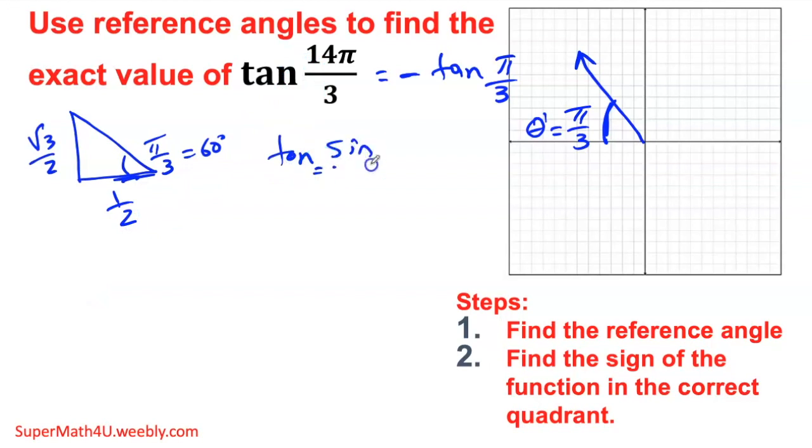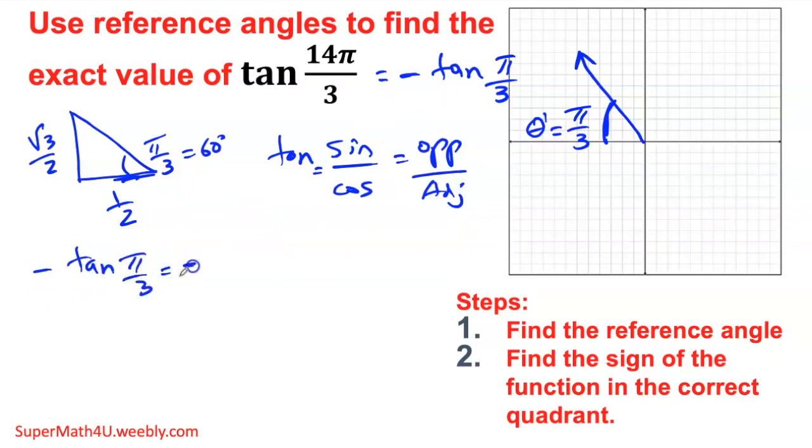Tangent is sine over cosine, right? And sine is the same as the opposite in this case, and cosine is the adjacent. So let's rewrite this. Negative tangent of pi over 3 is the same as negative opposite over adjacent, which is sine over cosine. Opposite, square root 3 over 2, over adjacent, which is 1/2. Okay, let me give you a trick.